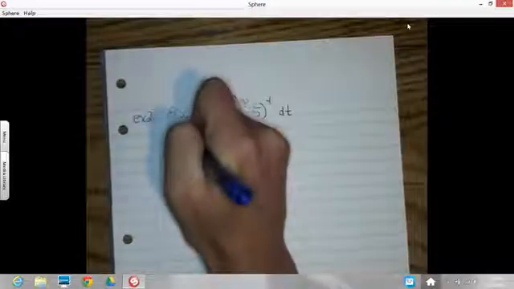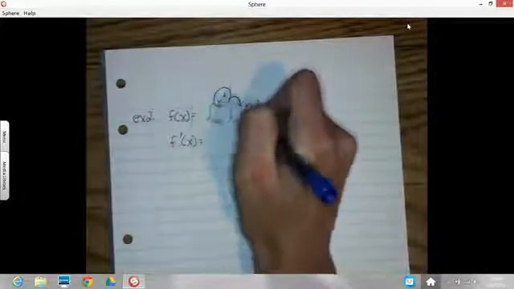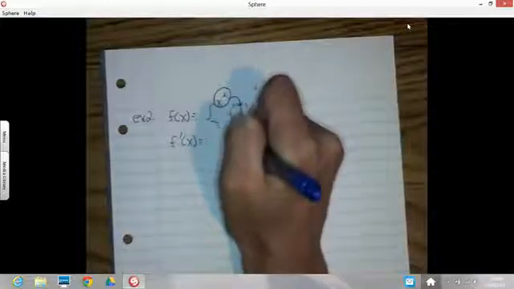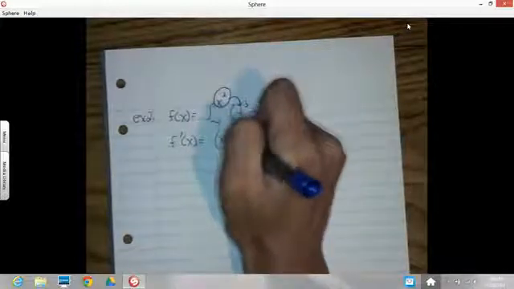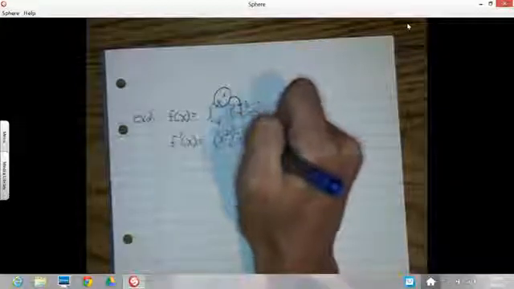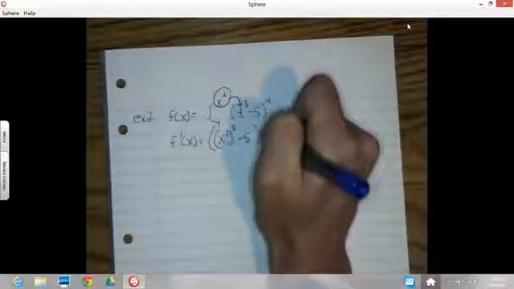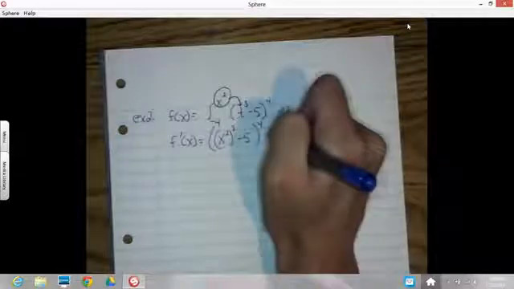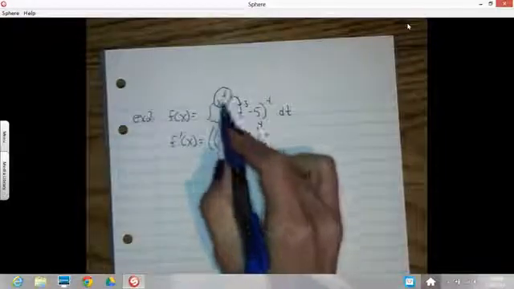So f prime of x will equal, instead of t, it's now x squared, but that's got to get cubed, minus 5, and then that whole grouping to the 4th, times the derivative of this upper boundary, which is 2x.